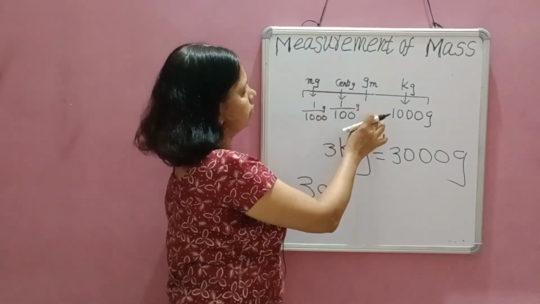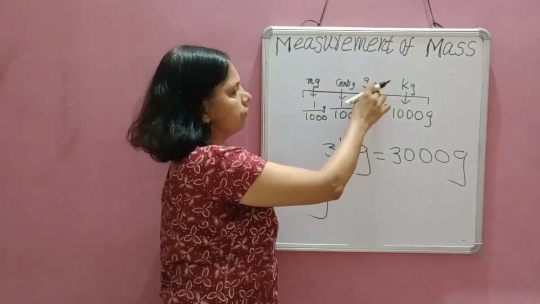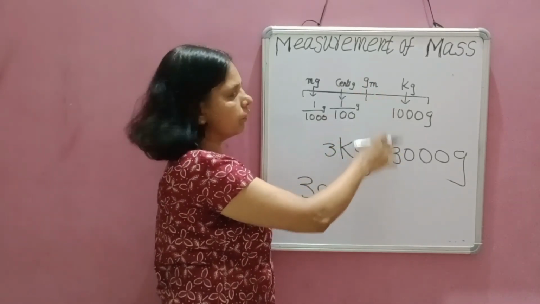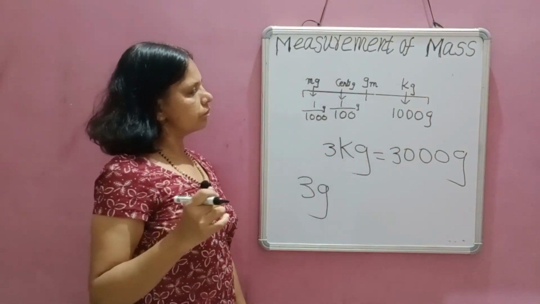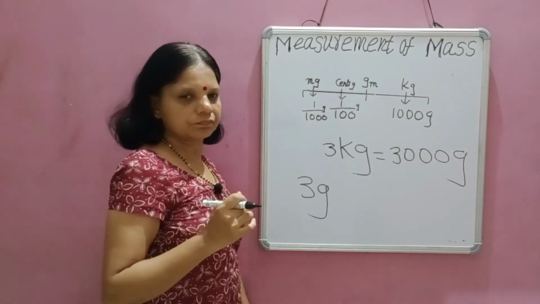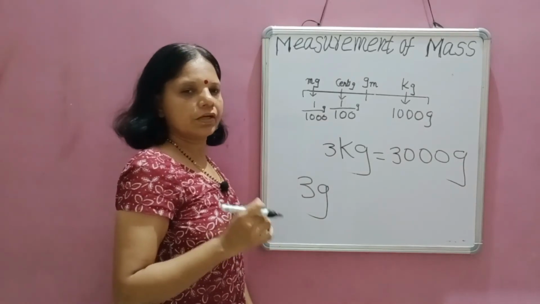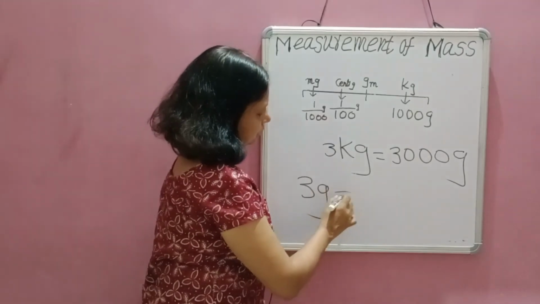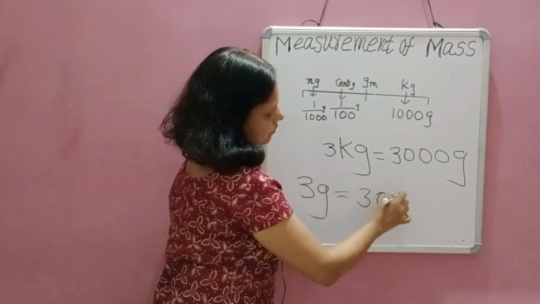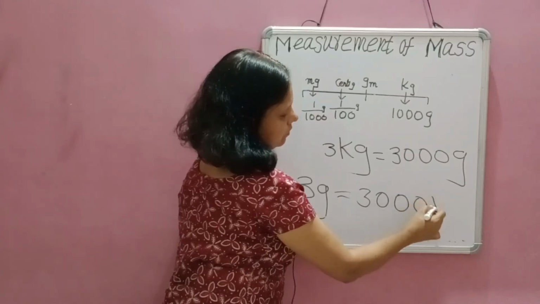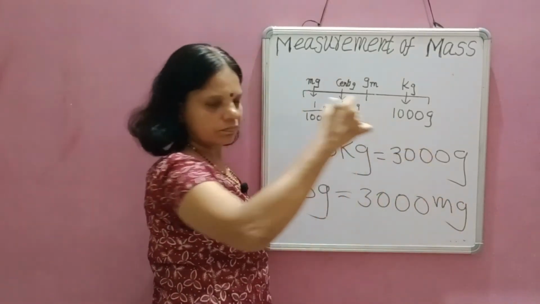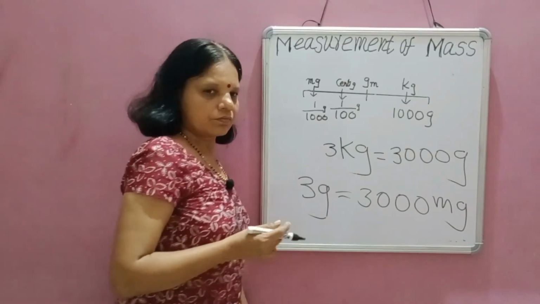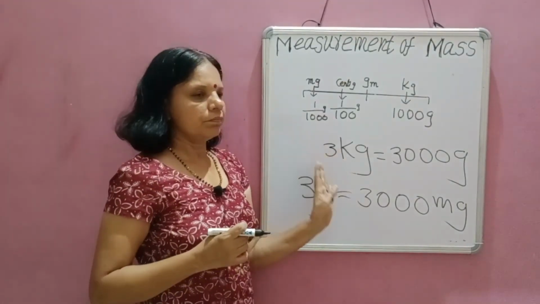So how many milligram make 1 gram? 1000 milligram makes 1 gram. Therefore, 3 gram will be equal to 3000 milligram.